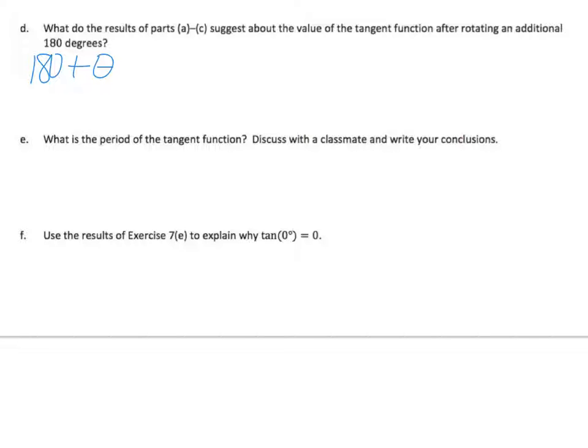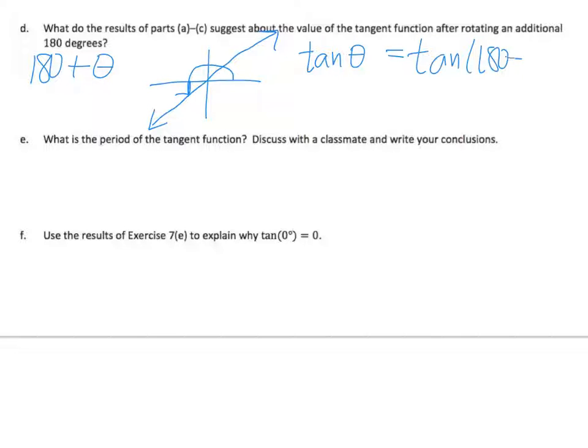Since the slope of the line containing the two terminal rays is the same, if we're over here, that secant goes all the way through, so the slope of the line is the same. The value of the tangent function for both theta and 180 plus theta is the same. So tangent of theta is equal to tangent of 180 plus theta.